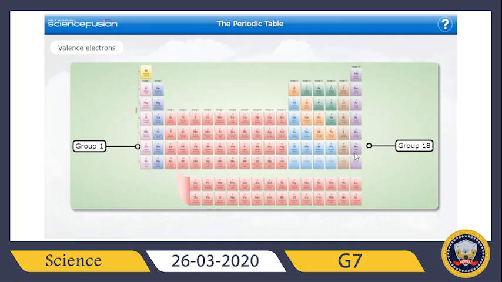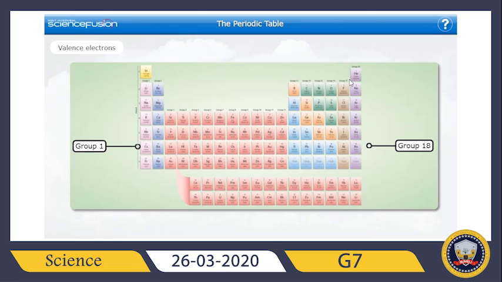Okay, so what does it mean? What are valence electrons? Each element has a number of electrons. We saw this in the unit related to the atom. These electrons are placed in certain circular paths around the nucleus.